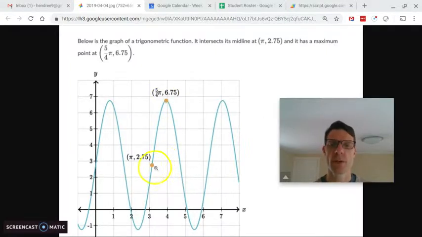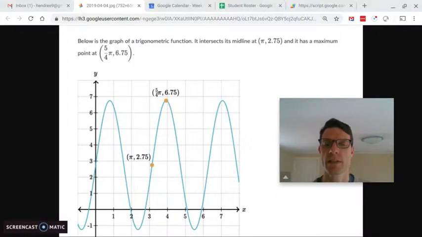Okay, so the period is the amount of horizontal space that the sinusoidal function takes to go through a full cycle before repeating itself, right? So it's going to go through here, here, here, until it gets to here.